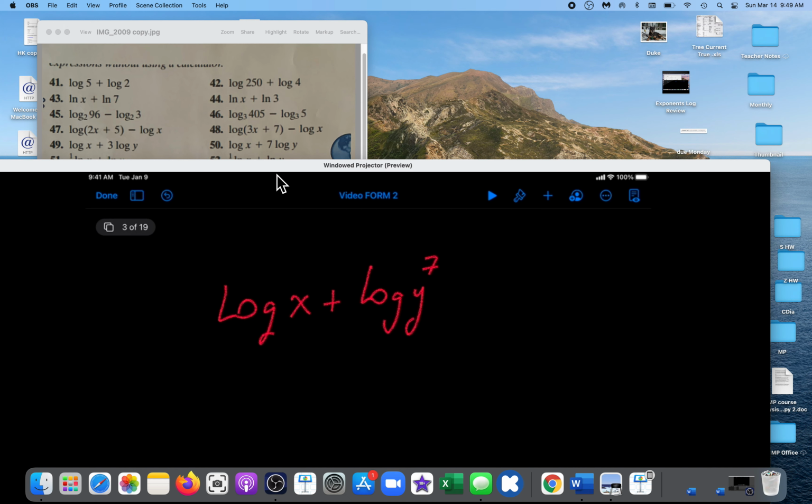So all we did is we took that 7 and we brought it up here as an exponent. Now they're both plus signs, so they both go in the numerator. We write the word log once, and we have x times y to the 7th. That is your final answer.